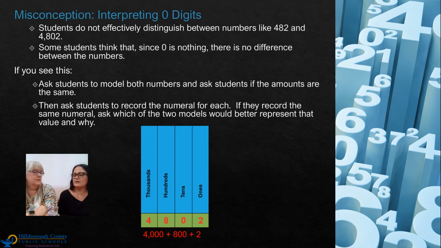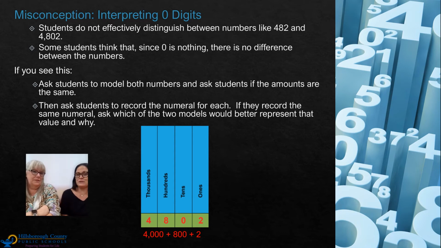Working with place value, there seems to be a lot of student misconceptions with interpreting the zero, if that is one of the digits in a number. So there are some different things that you can do to support students with that misconception. Or even knowing to put the zero in the number, right? I mean, I might see with place value discs, I have 4 1,000s, I have 8 100s, and I have 2 1s. I just write a 3-digit number because I only have 3 place values in front of me.